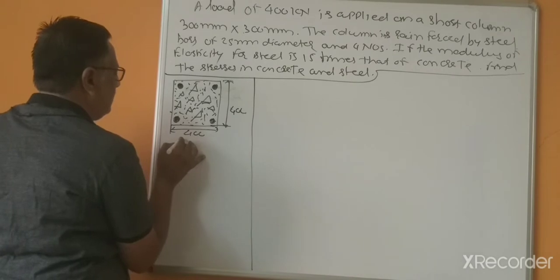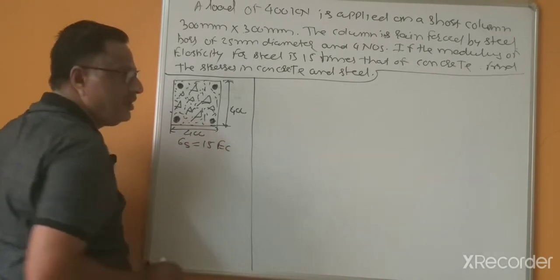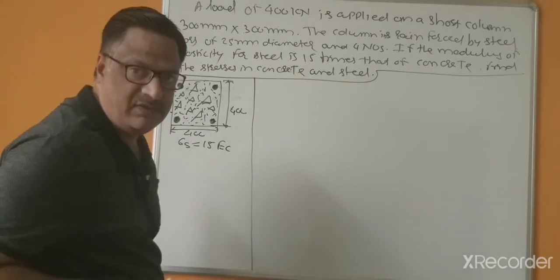Here what is given? Sigma S is 15 times sigma C.